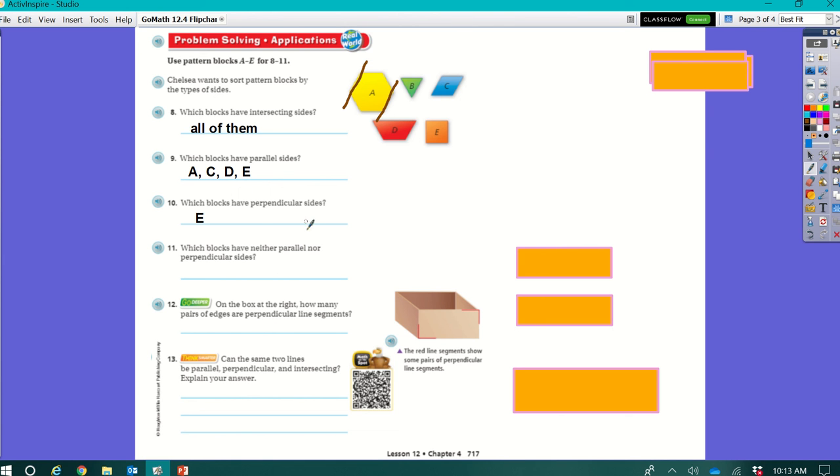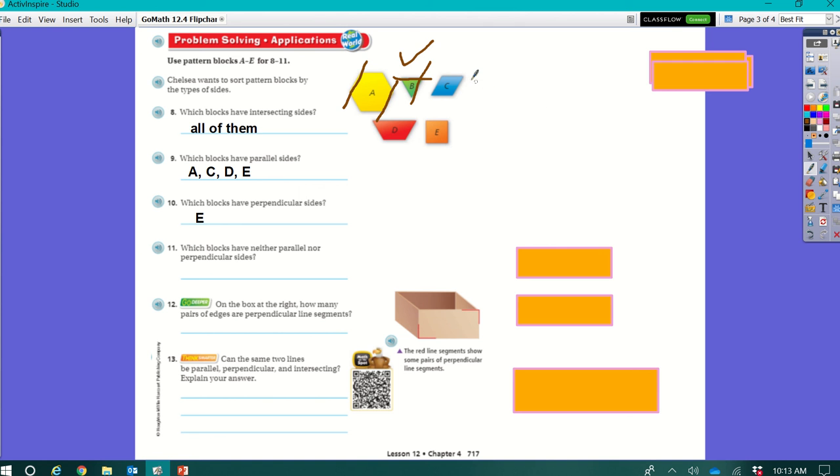Okay, how about B? Well, it does not have parallel sides because it wasn't in number 9. And it doesn't have perpendicular sides because it wasn't in number 10. Because when those lines cross, they are intersecting but not perpendicular. So B would fit that description. They don't have parallel and they don't have perpendicular lines, just intersecting.